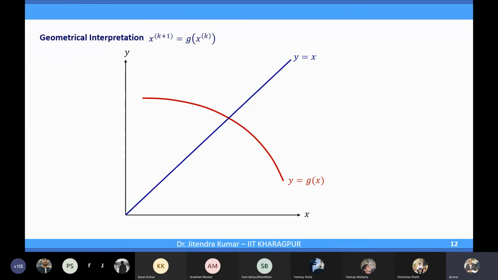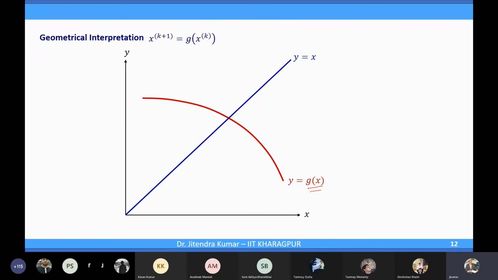Okay, the geometrical interpretation. So we have this scheme x_{k+1} is equal to g(x_k), correct? Suppose this is y is equal to x line, and then you have here y is equal to g(x), the curve of this g(x). So there are two curves here, y is equal to x and y is equal to g(x).